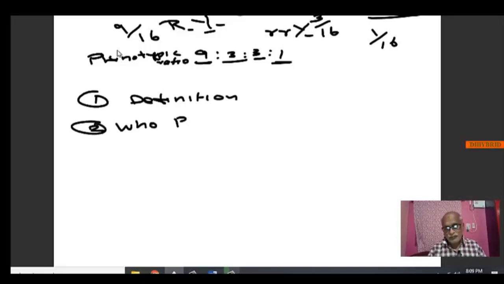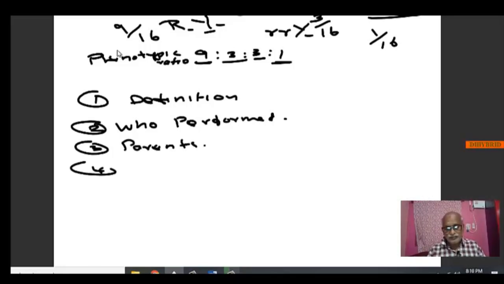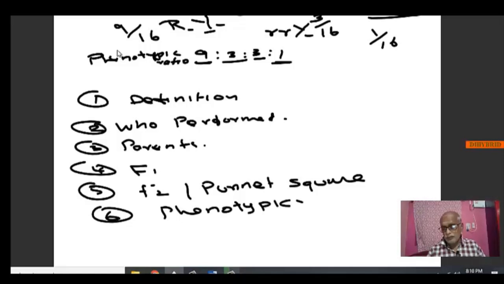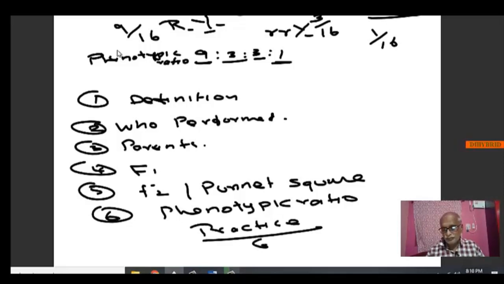Then what is a parent, what is the nature of the parents, then what is the nature of F1, then bring the F2 generation in the Punnett square, and remember the phenotypic ratio, and practice the genotypic ratio also.